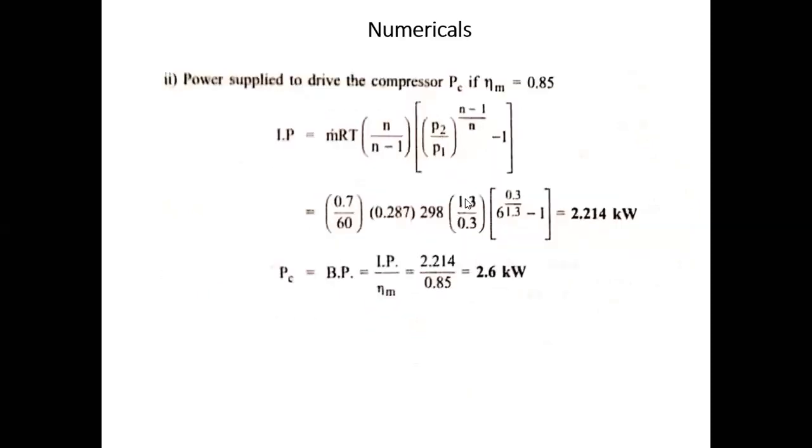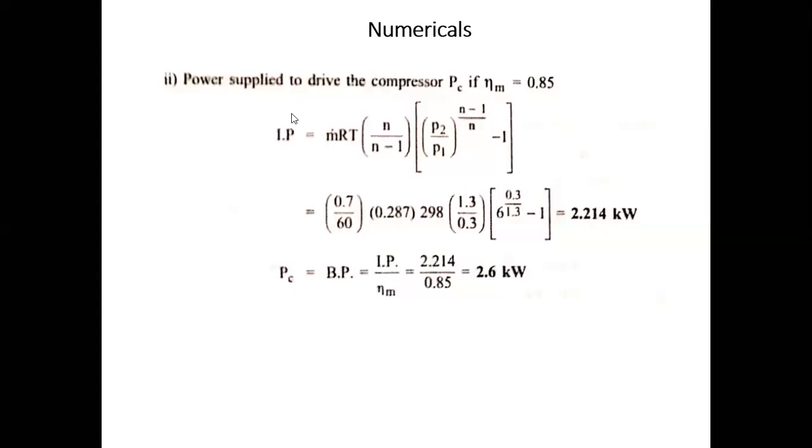And the pressure ratio is given as 6, raised to 0.3 upon 1.3, n minus 1 being 0.3. This will give us the power as 2.214 kilowatt.